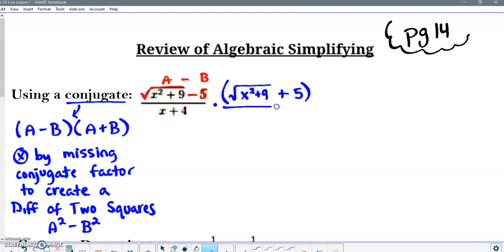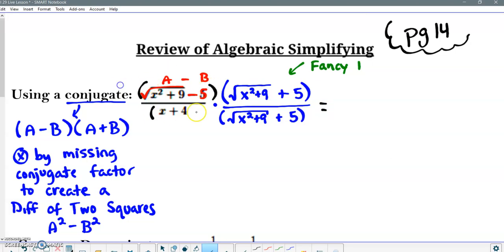In order to do that without breaking all the algebra rules, we have to multiply by the square root of x squared plus 9 in the denominator as well. So this is just a fancy way of writing 1.